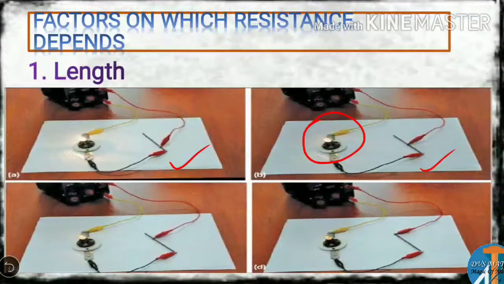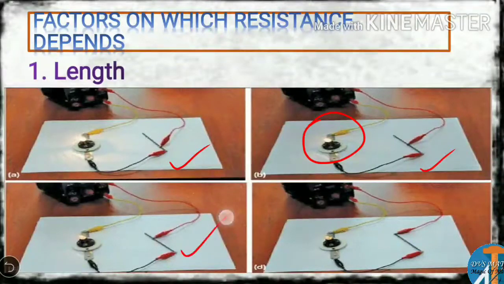Don't be confused here. Resistance means you are resisting the flow of charges. If there is no flow of charges, the brightness of the bulb will go dim. But if the brightness is more, there will be less resistance. So less length, less resistance. Here the length is increased, so resistance is also increased. The brightness is decreased, so resistance is more.